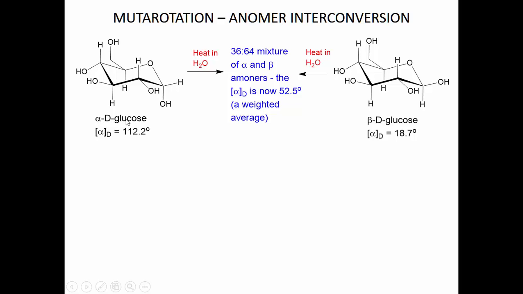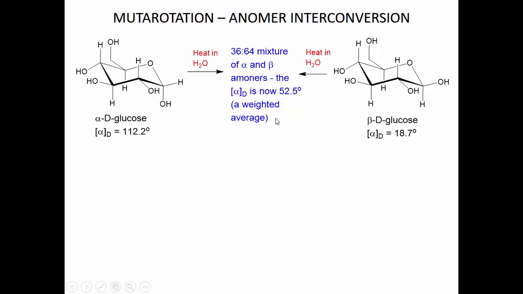Okay, you can actually isolate alpha-D-glucose, and when it's not in water and it's at room temperature or below, it's actually stable in this configuration. It doesn't open to the open chain form. Alpha-D-glucose has a specific rotation value of 112.2.